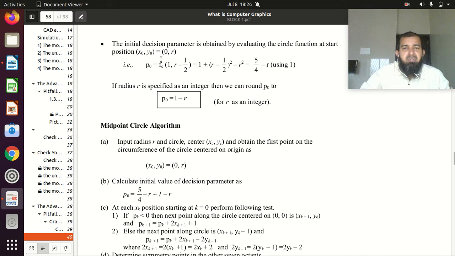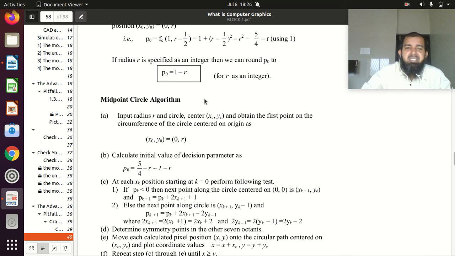Then p0, the decision parameter, is equal to 1 minus r. You know the r value, so subtract it from 1 and you get p0, the initial decision parameter.